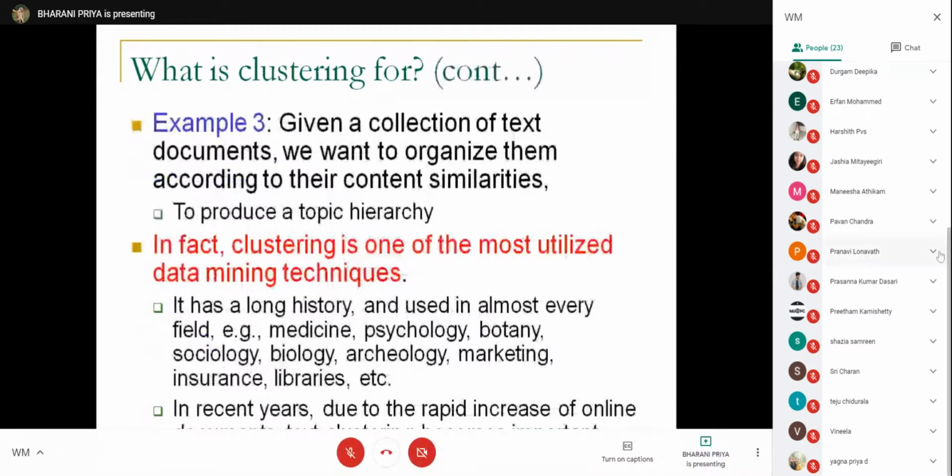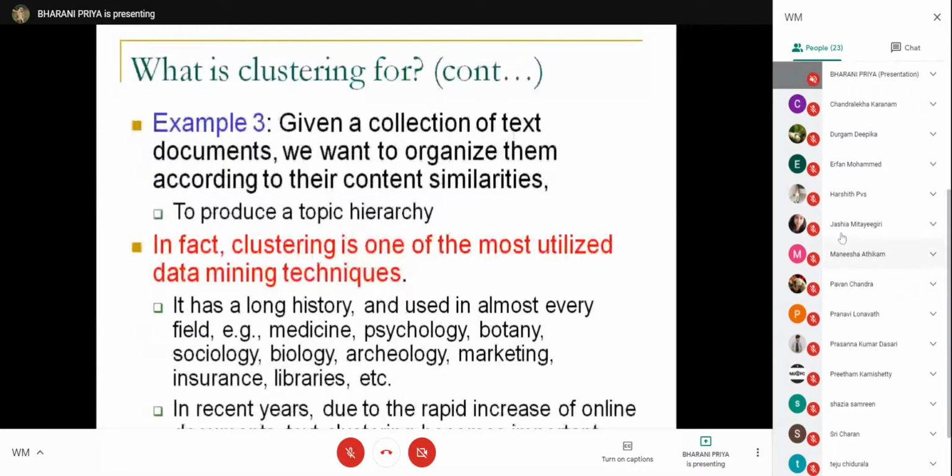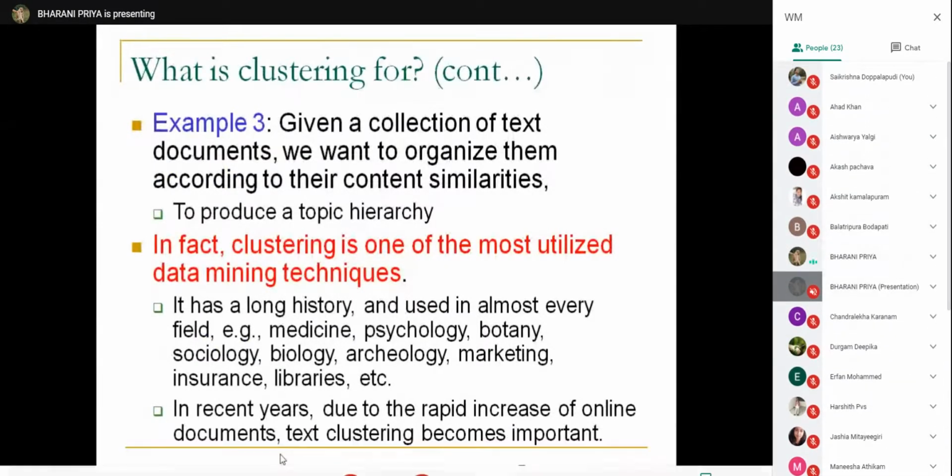Very good. Next, in text, I have n number of documents, and I don't know which documents belong to which group. So in that case, I'll group the documents according to their similarities.